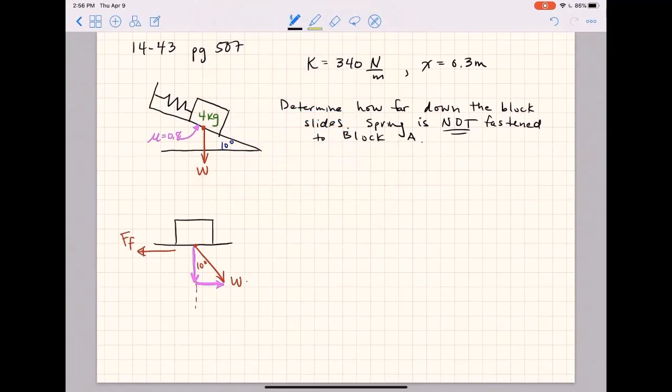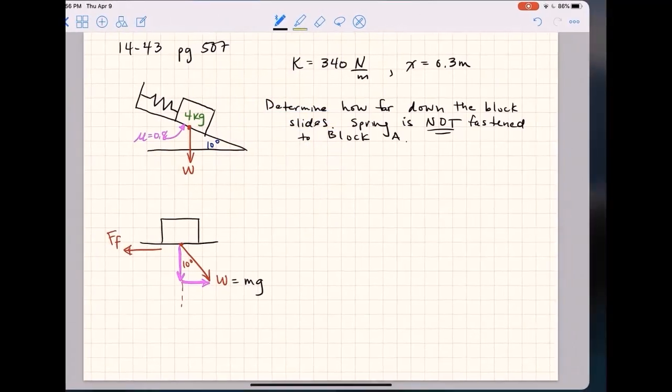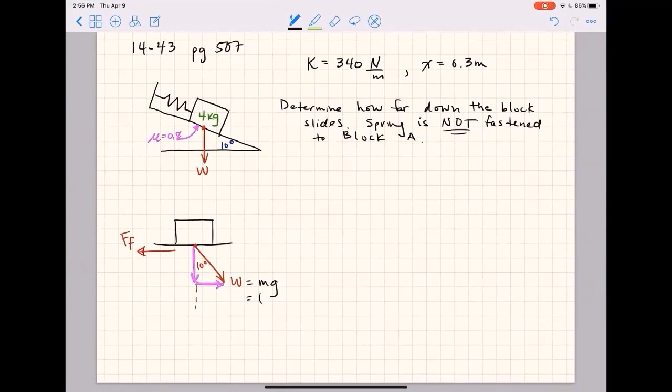So what I'm going to do is I'm just going to set weight equal to mg, and I'll put it in right here. So that's equal to 4 kilograms times 9.81 meters per second squared. So weight is equal to 39.24 newtons.